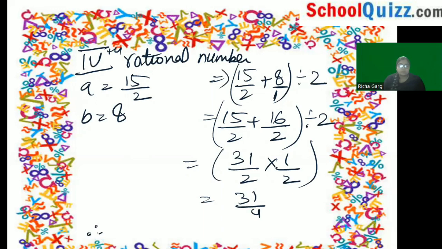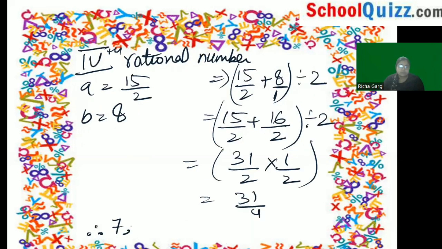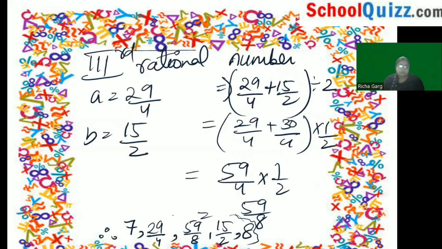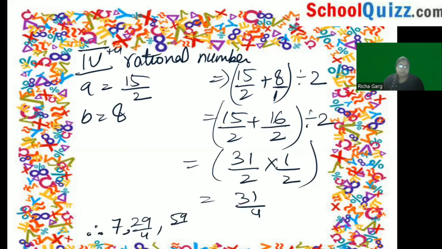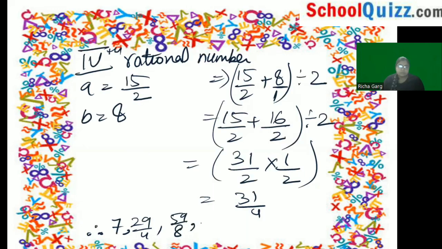So now my 4 numbers will be 7, 29 by 4, 59 by 8, 15 by 2, 31 by 4, and then 8.